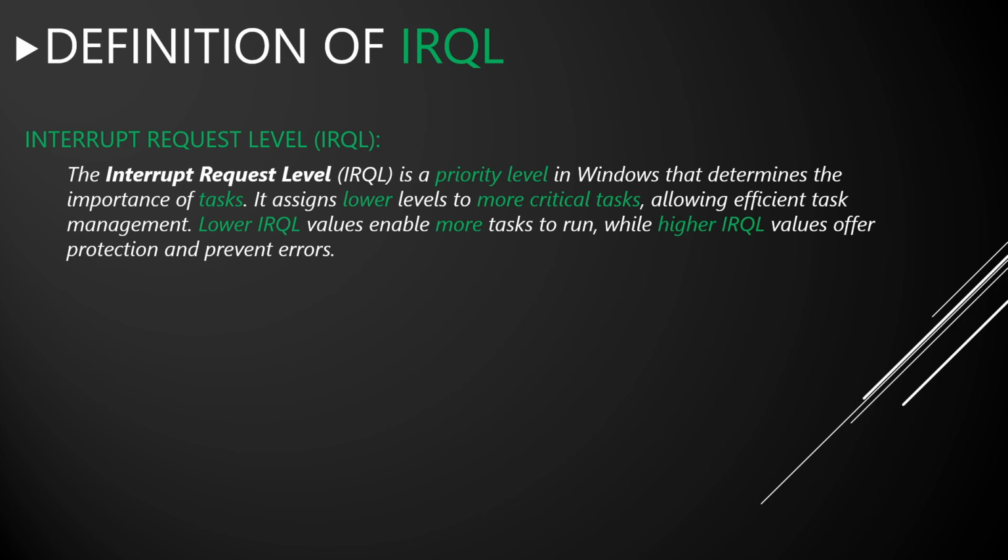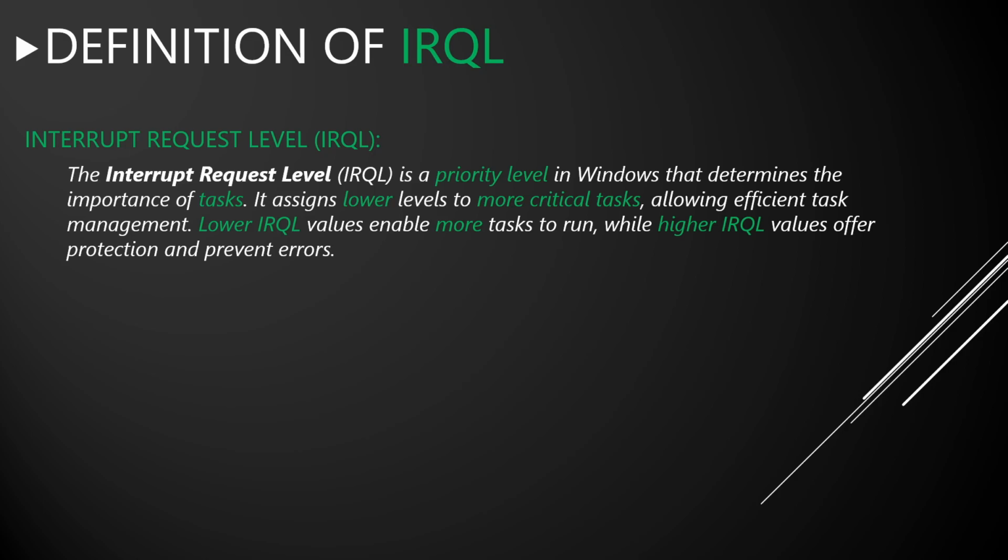So, a task has the IRQL. IRQL defines the priority of this task. Okay, and from that, DPC and ISR will see in which way they will execute the tasks.